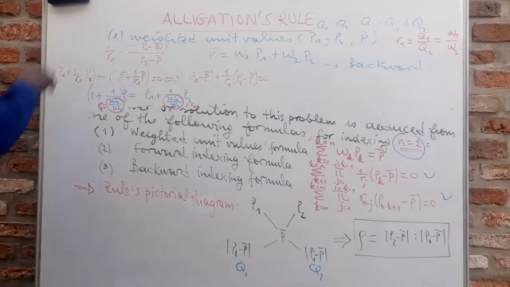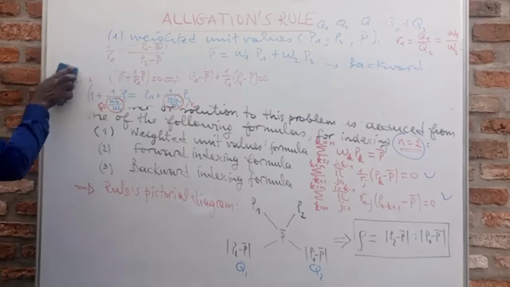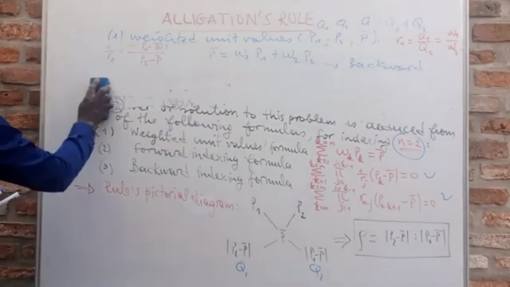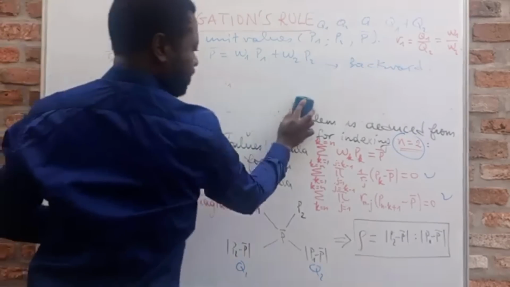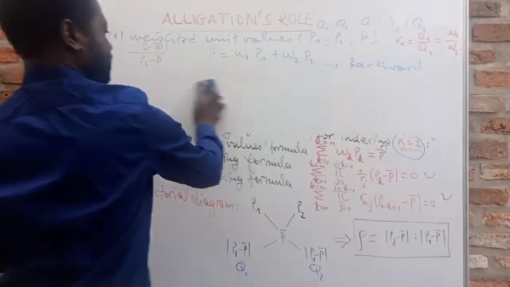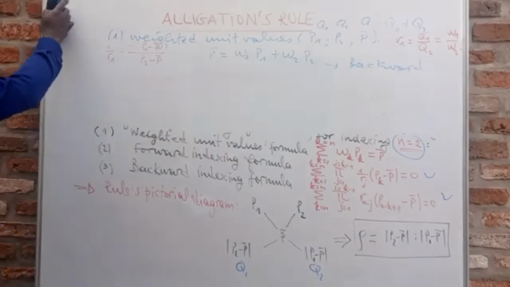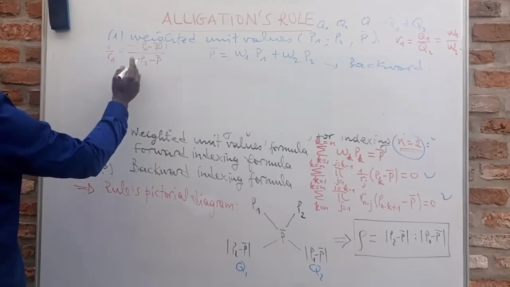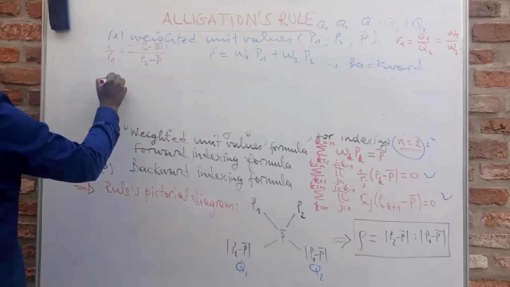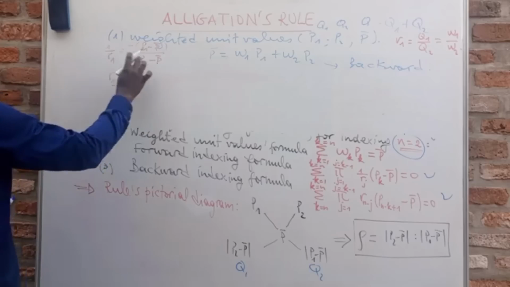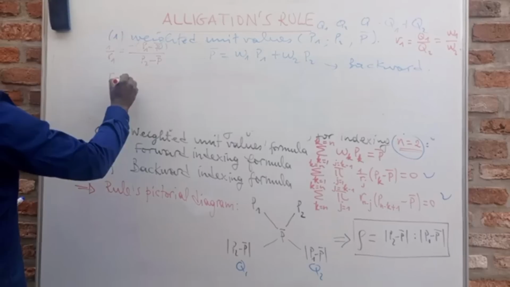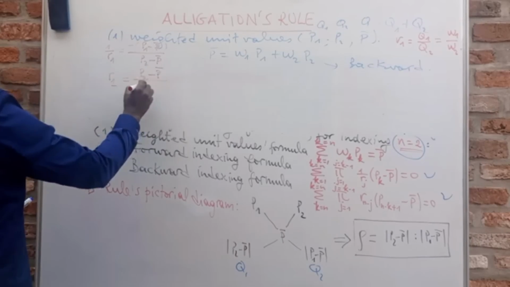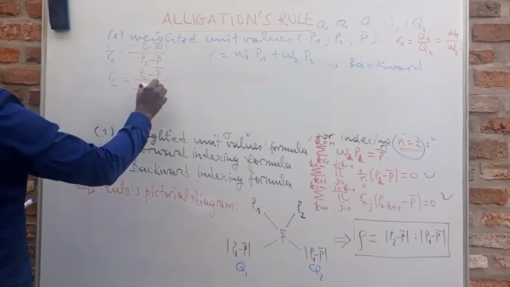Now from this equation, I can now deduce the value of R sub 1. So R sub 1 is the reciprocal of this. This is equal to P sub 2 minus P bar divided by minus P1 minus P bar.